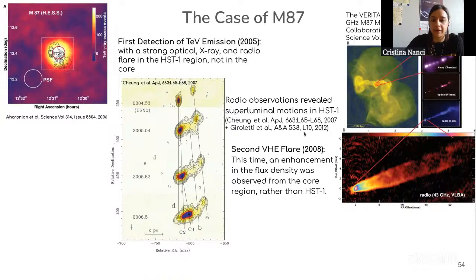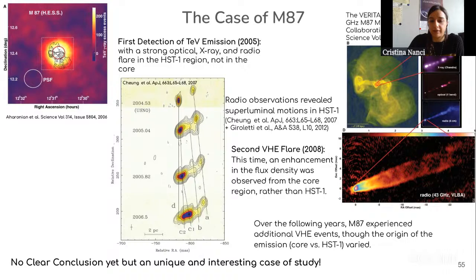Another flare was detected in 2008. And this time the flare occurred in the core and not in the HST-1 region, from the analysis at other wavelengths. Over the following years, M87 experienced other flaring episodes, and the position of the flare varied between the core and the HST-1 region.